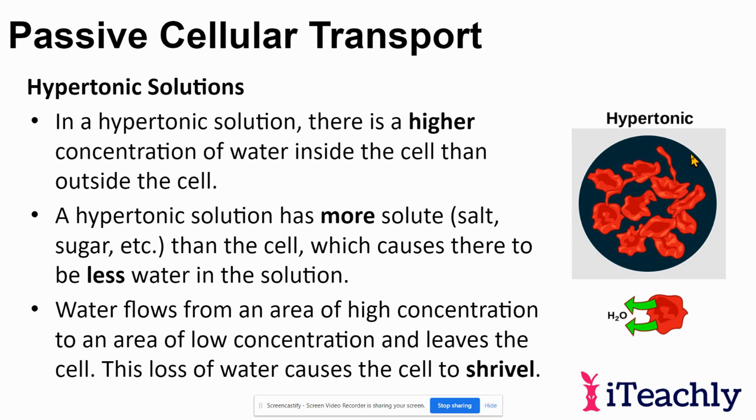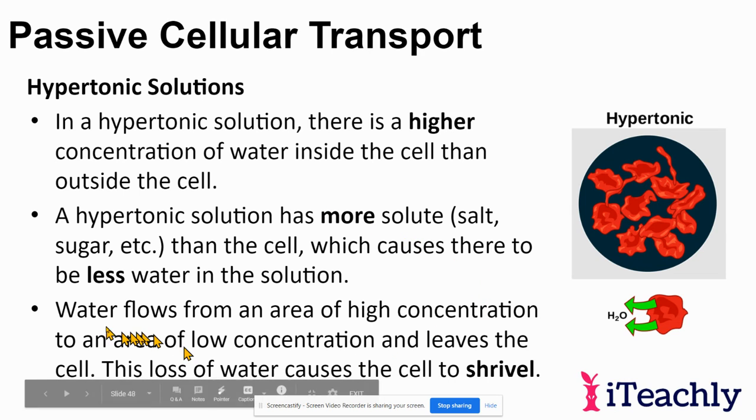So there's more sugar, less water, less sugar, more water, and water is going to move out into the solution, which makes it hypertonic, right? So water flows from an area of high concentration, so there's more water in the cells, to an area of low concentration, which is outside the cells, and then the cells are going to lose water and lose weight, and they're going to shrivel.